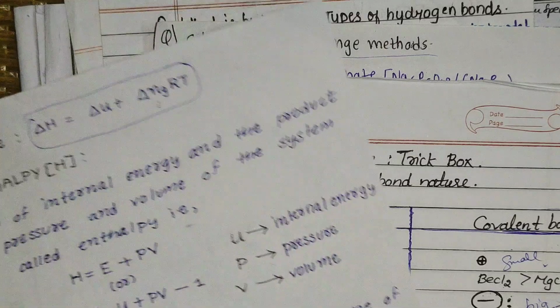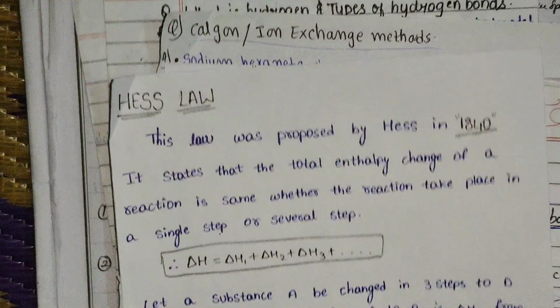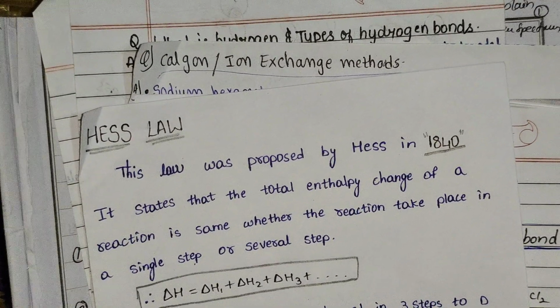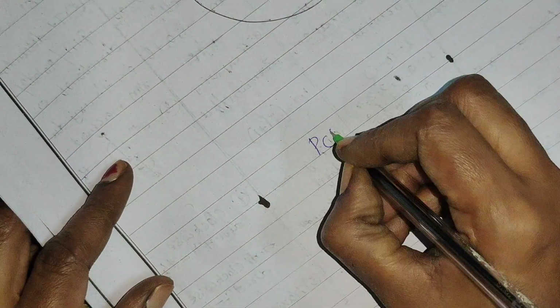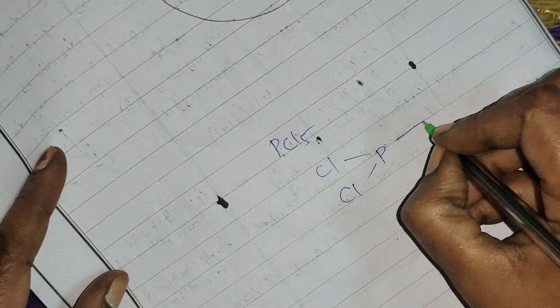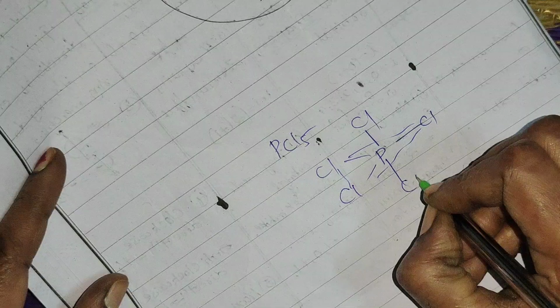After that, you have to prove delta H equals delta U plus delta n g RT. After that, Hess law. After that, the SF6 molecule and, beta, PCl5 structure. Phosphorus is in the middle with chlorines around it, in a trigonal pattern, with one chlorine below and one above.